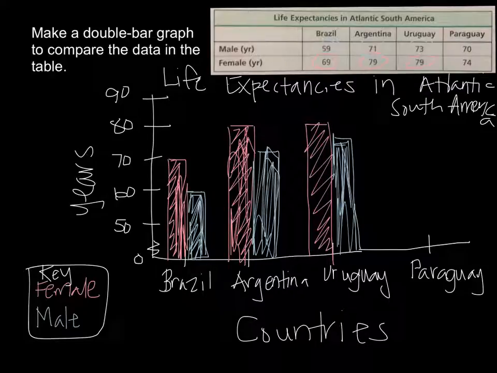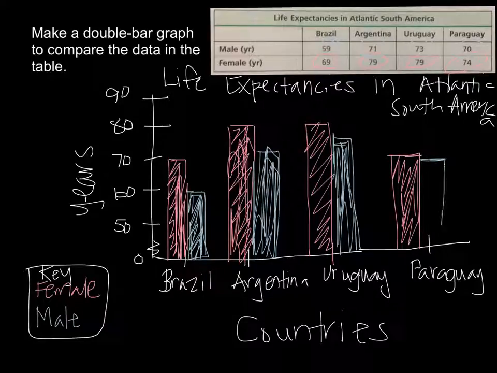And lastly, Paraguay. Female is 74. Not so good. And then 70 for the male. Those are pretty close together, really. 4 years only.